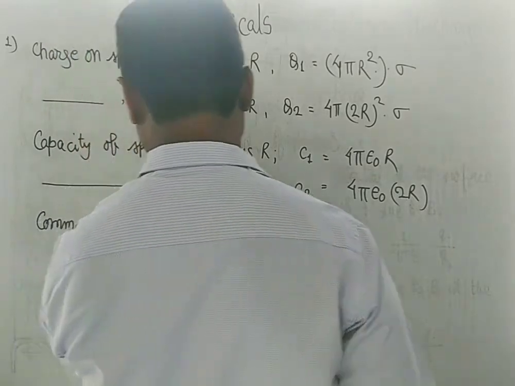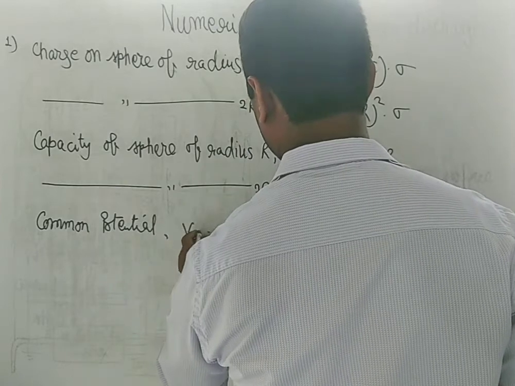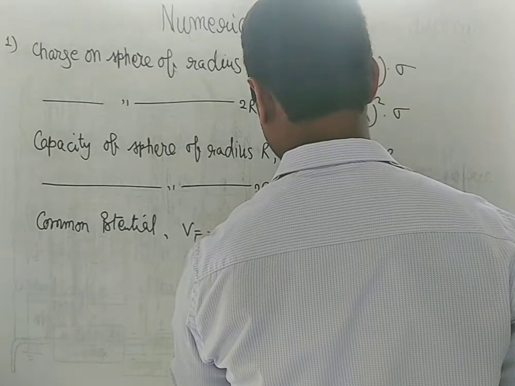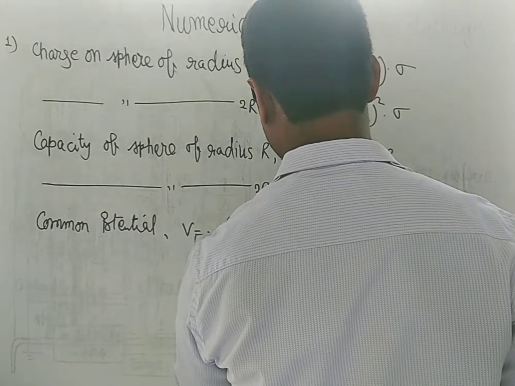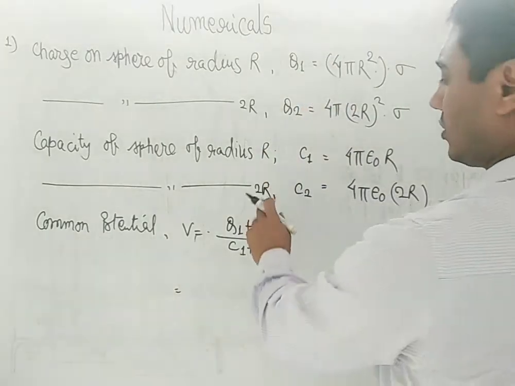So that common potential we can write as V equals total charge, that is Q1 plus Q2, upon total capacity, that is C1 plus C2. Now let's place all these values in this.